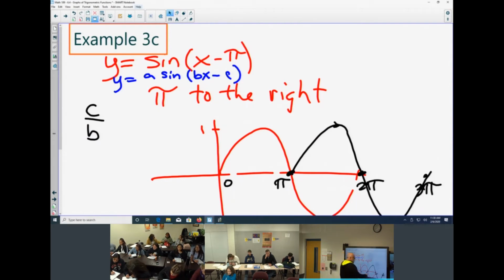Instead of starting at the origin, it's going to start at pi, 0, because you're shifting it to the right pi units. So c divided by b. All right, so go ahead and try practice 3c.